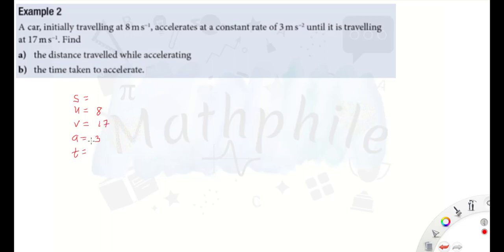Did I ever tell you that my favorite is V equals U plus AT? That is so easy. This is my favorite super equation: V equals U plus AT.